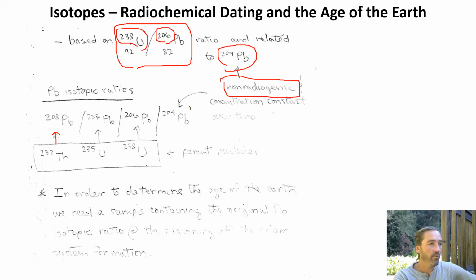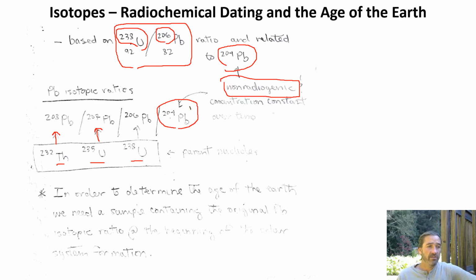Lead-208 is the endpoint for thorium-232. Lead-207 is the endpoint of the uranium-235 decay series. So these isotopes have changed over time. But again, lead-204 has not changed.